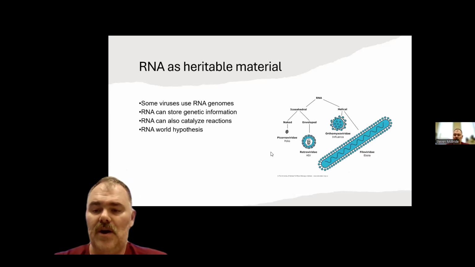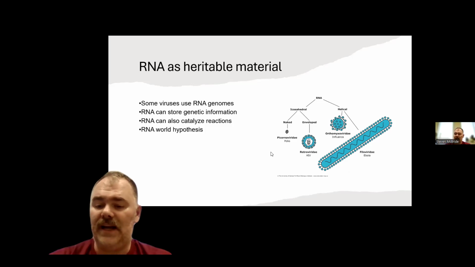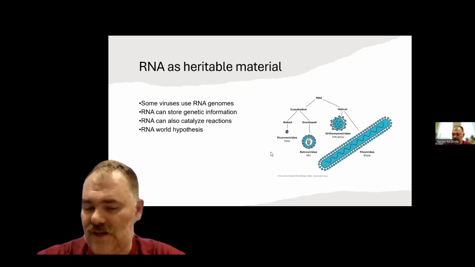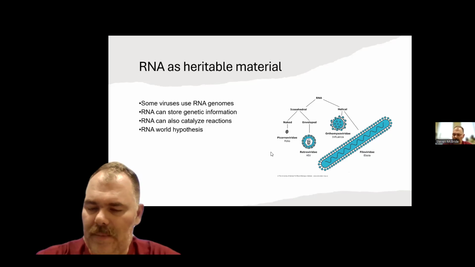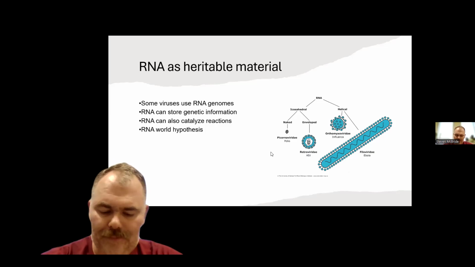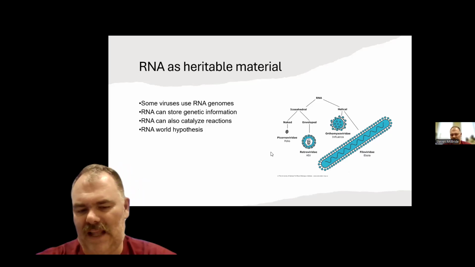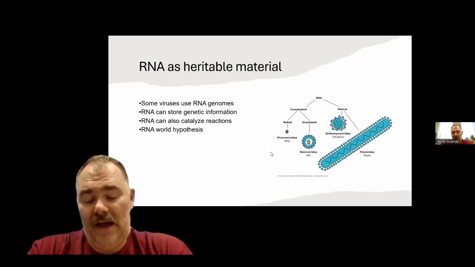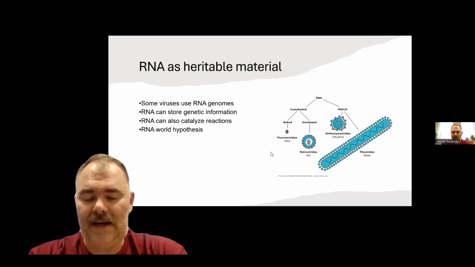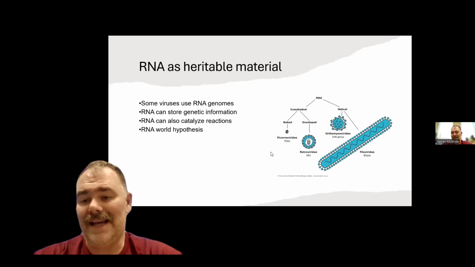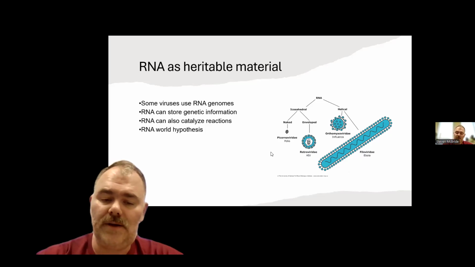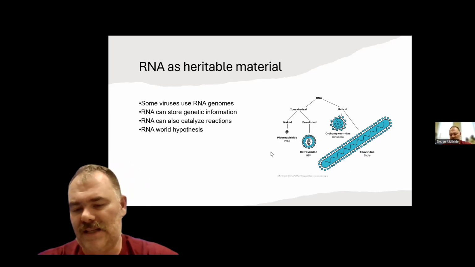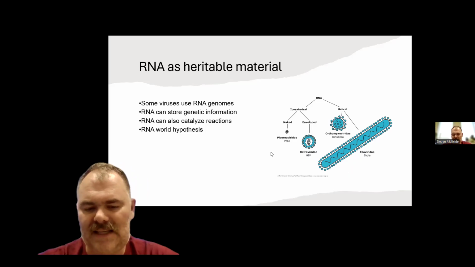This hypothesis proposes that early life may have relied primarily on RNA before DNA and proteins evolved, because these RNAs have that dual ability to both be a genetic carrier of information as well as have catalytic function similar to proteins. Now, the other thing to keep in mind here is that, as we've mentioned, RNA is less stable. So organisms or entities that use RNA as a genome tend to have a less stable genome.